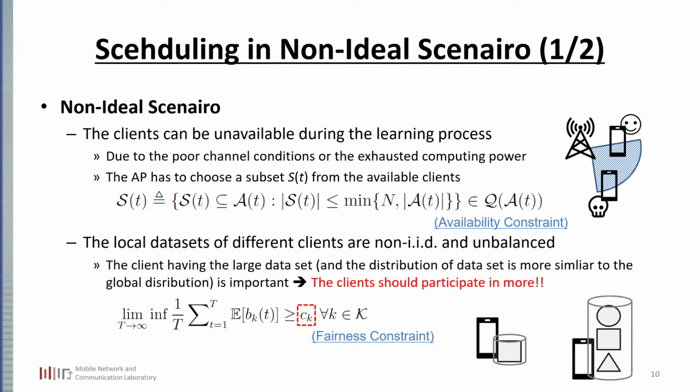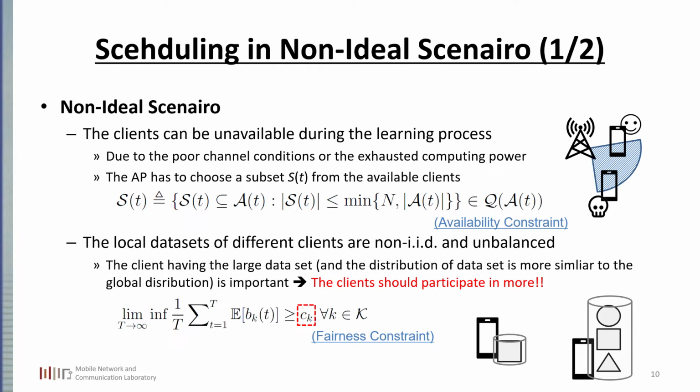Also, in the non-ideal scenario, it is assumed that the local data sets are non-IID and unbalanced. In this scenario, they consider that clients with a larger local data set, whose distribution is more similar to the global distribution, play a more important role.